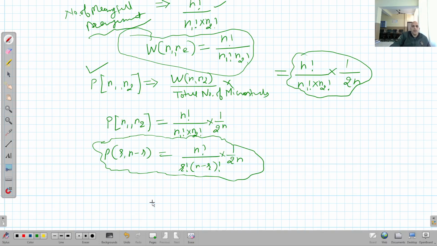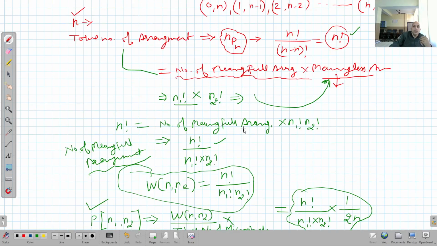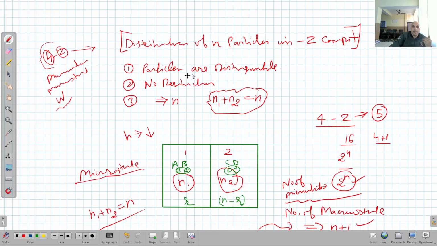This is the required expression for the probability of a macro state, when we are distributing n distinguishable particles in two compartments of equal size, right?